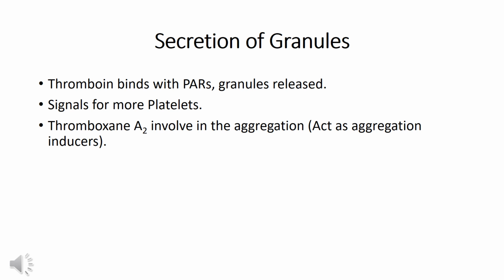In our next lecture we will discuss the coagulation cascade, which is a very important point from the UHS point of view. You should know well about the coagulation cascade occurring in our body. For now, thank you all.